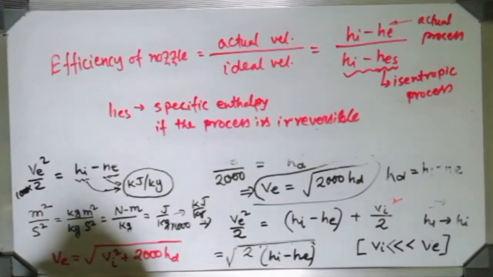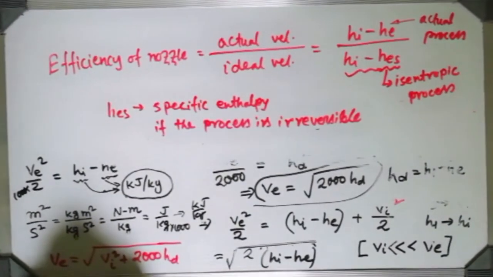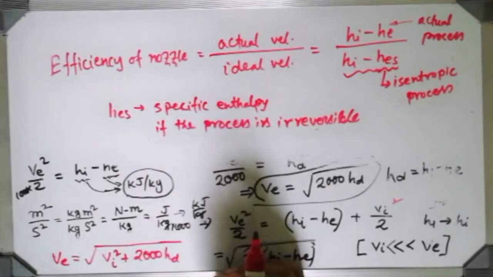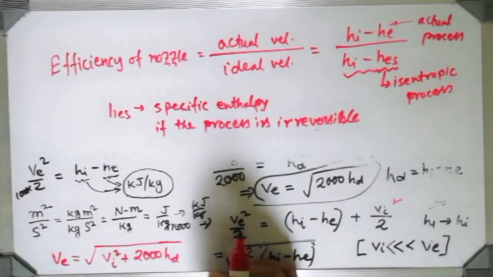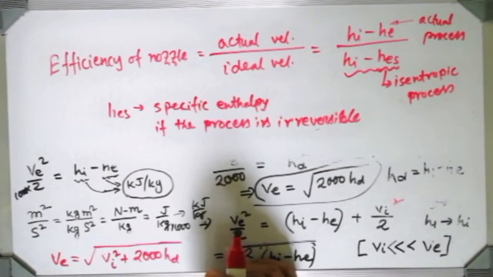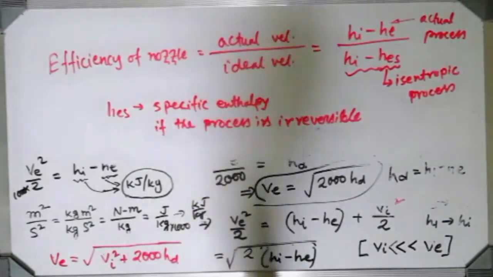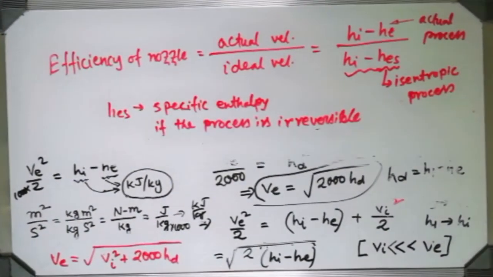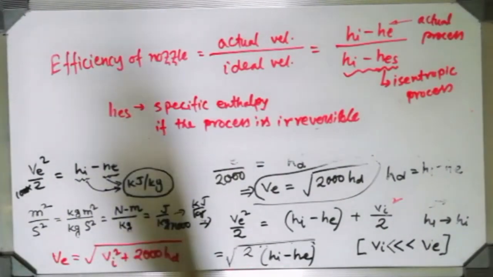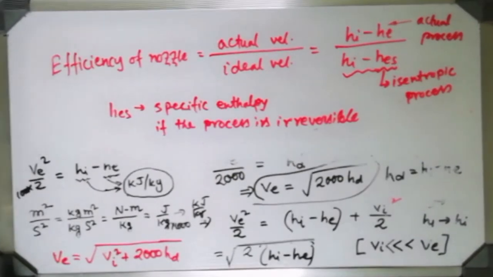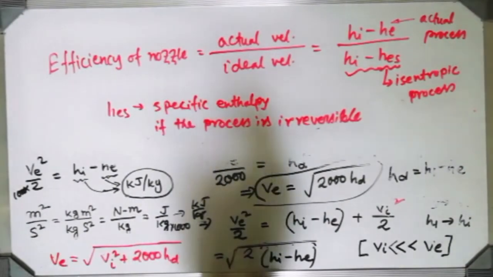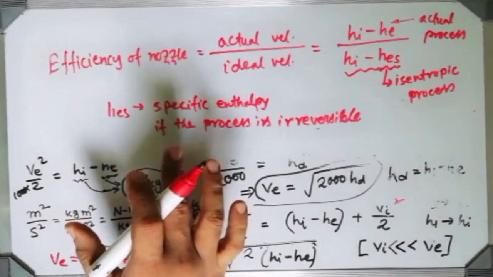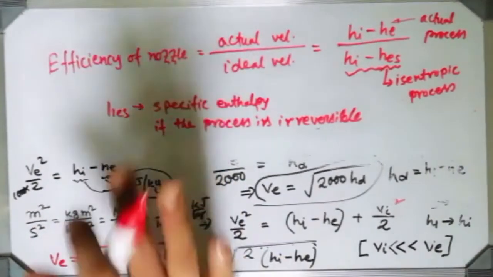All the thermodynamic processes we are talking about, that is the isentropic process, like here it is a reversible process, we assume so. That means no loss is there, you can execute the process in reverse also. But if there is any kind of loss encountered, then the process is irreversible. And HES is the specific enthalpy of the steam while the process is not isentropic.